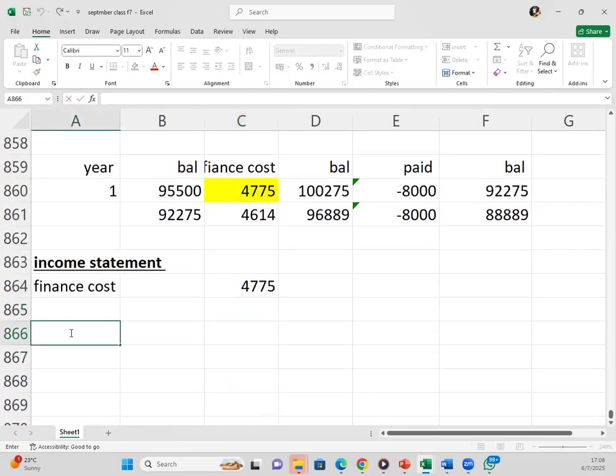Then in the balance sheet, the statement of financial position, you split the loan into its current and non-current. So the current liability and the non-current.